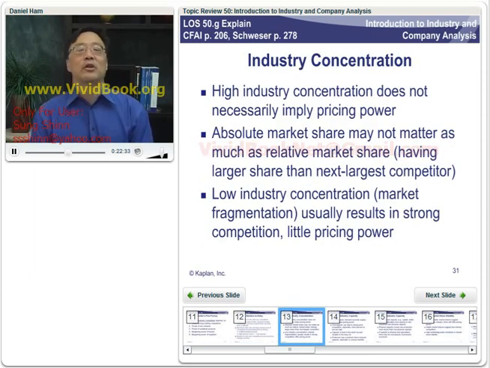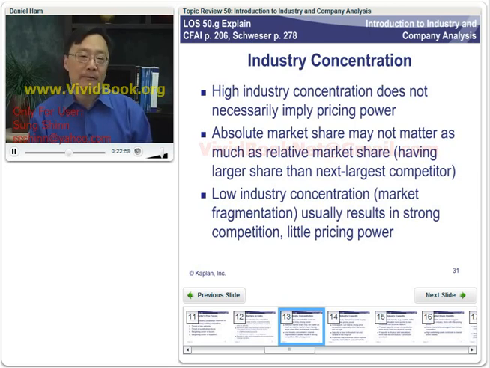Next is industry concentration. All else being equal, look at industry concentration on a relative basis, not on an absolute basis. So high concentration, depending upon whether it's absolute or relative, determines pricing power. For example, say you have 2 companies that are the whole industry.